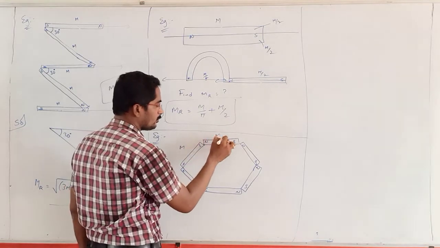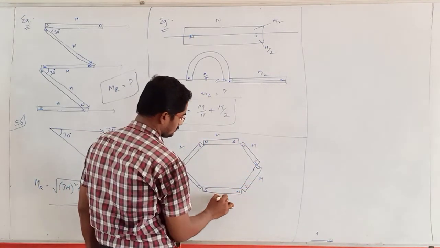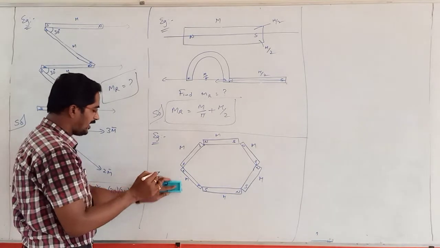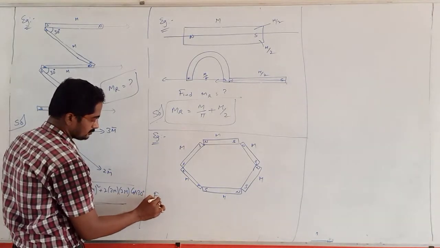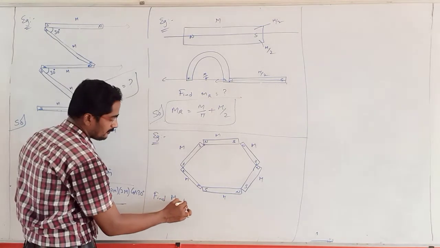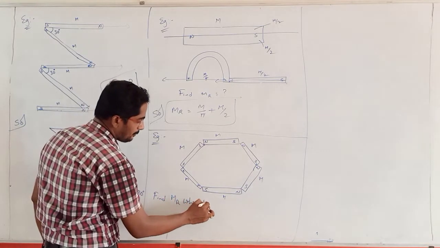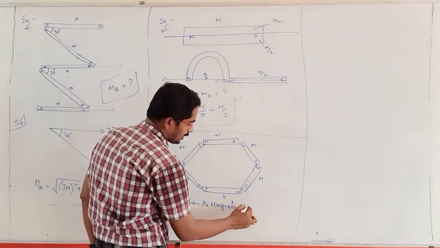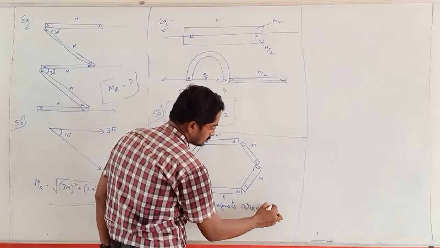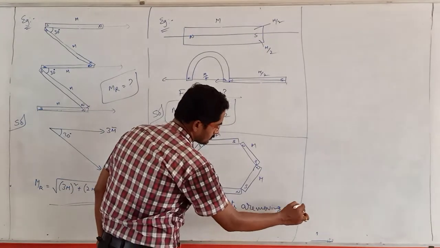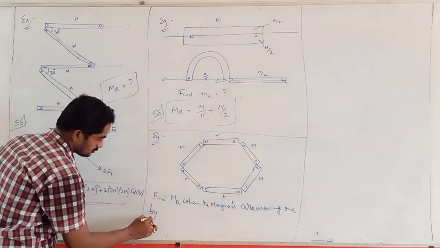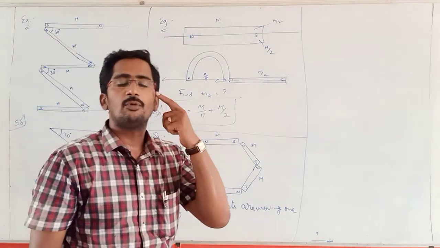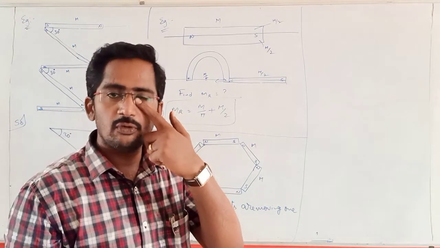All are of the same moment. Now the question is, find the resultant moment when the magnets are removed one by one.